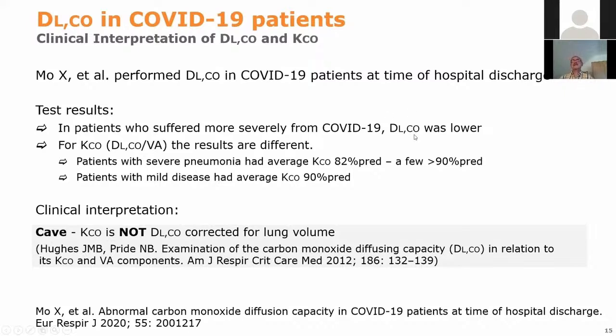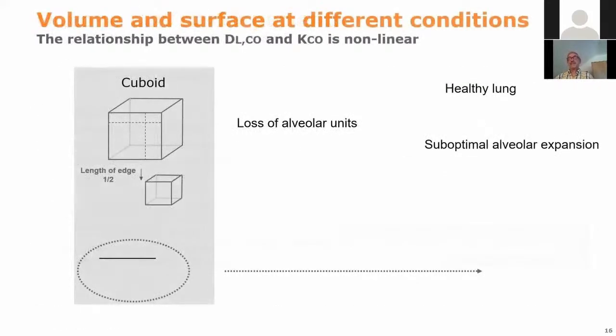And he was of the opinion that the KCO is a DLCO normalized by lung volume, which is not correct, because already Hughes gave the information that the KCO is not a DLCO which is corrected for lung volume. And let me look at this issue further.